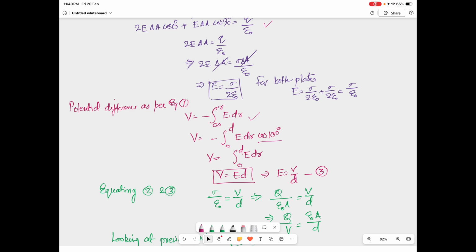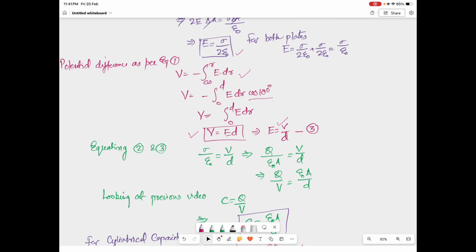So 180 degree and the minus will cancel out and it becomes the integral from 0 to d of E dr. So V is equal to E times d, through which I can find the electric field, which is V by d. So there are two ways by which I can find the electric field. One is with the charge density, and the other, by knowing the potential, I can find the electric field between the two conductors of a capacitor.